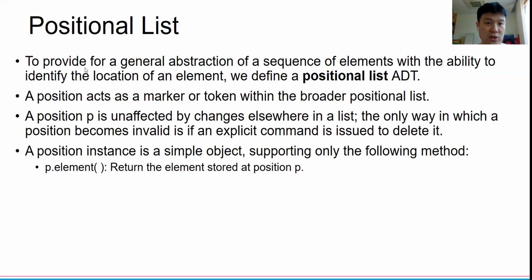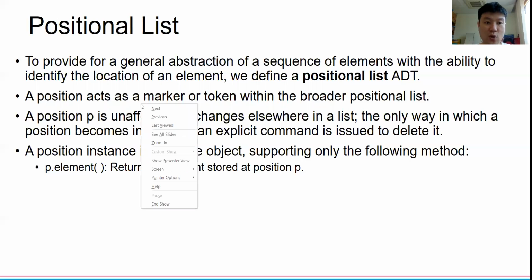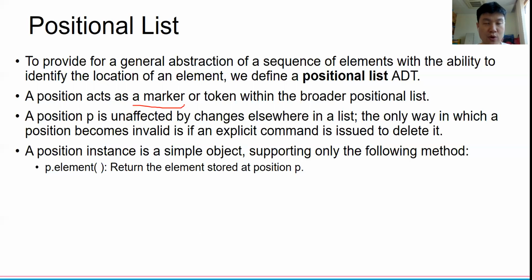To provide a general abstraction of a sequence of elements with the ability to identify the location of an element, we define a positional list. In the positional list, I have a position marker. The position acts as a marker or a token. This marker determines what you want to do with that particular element.